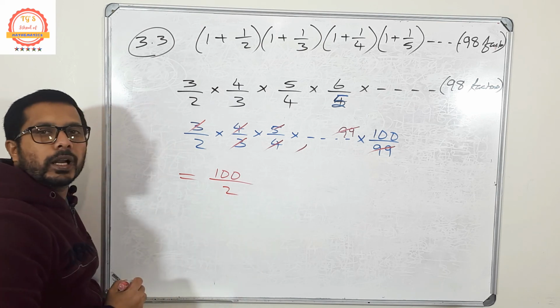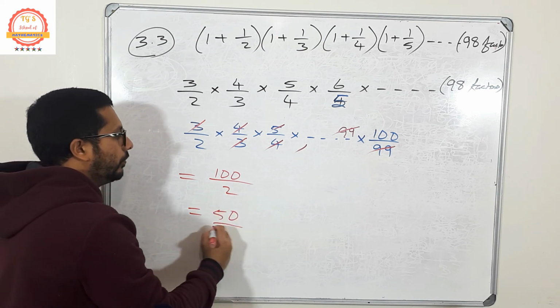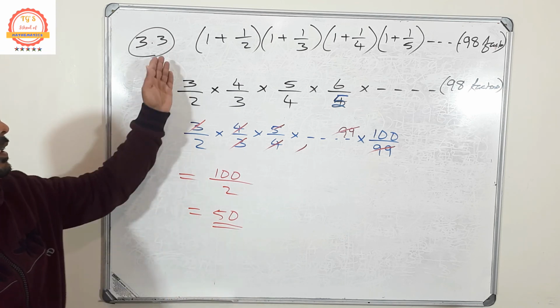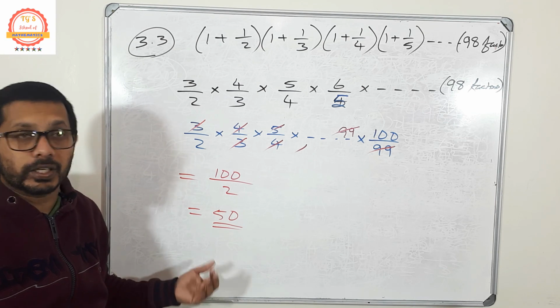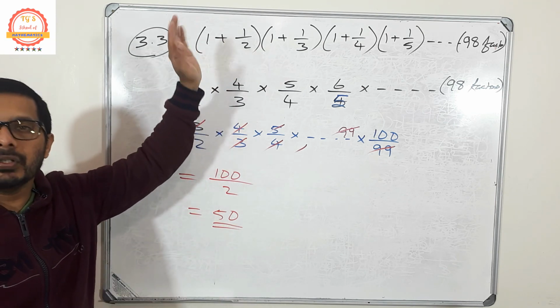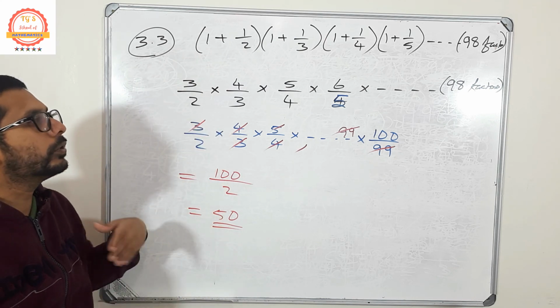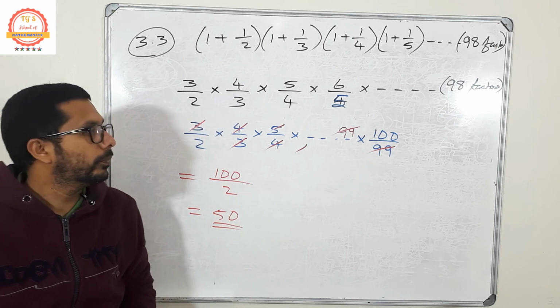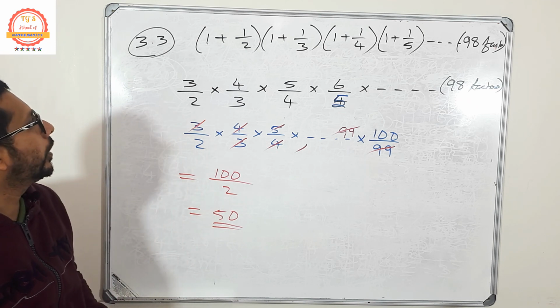So it is 100 divided by 2. What is the answer? It is 50. So the value of this one is 50. Is it not too easy? When you see this one, maybe you will think it's very difficult, but it's very easy. It depends on how you think logically. So that is question number 3.3.